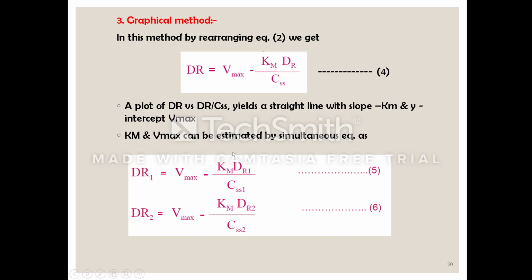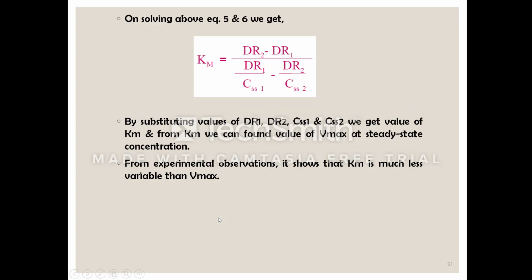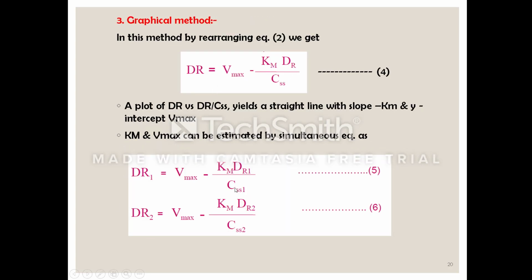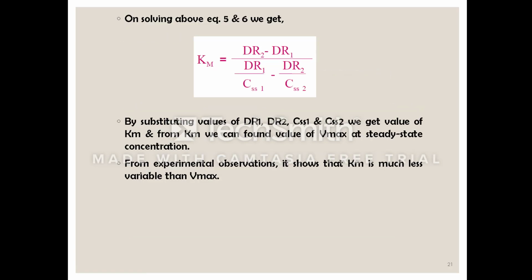You can also estimate by simultaneous equations, that is, for dosing rate 1 this is the equation and for dosing rate 2 this is the equation. Simplify it in terms of Km, that is, take this Km term on this side and simplify it, and you will get this equation.